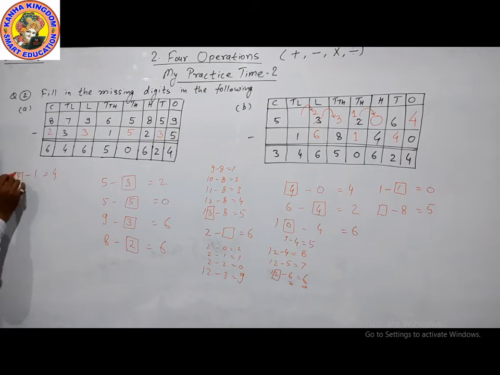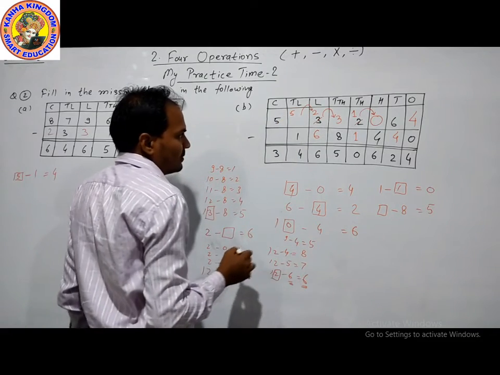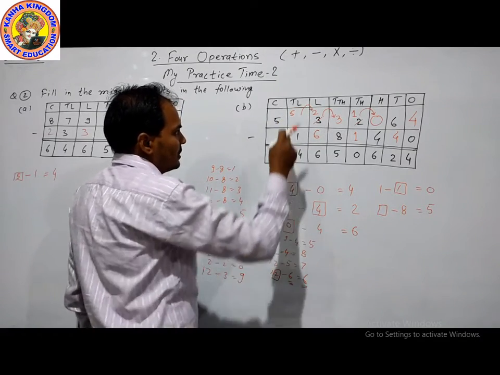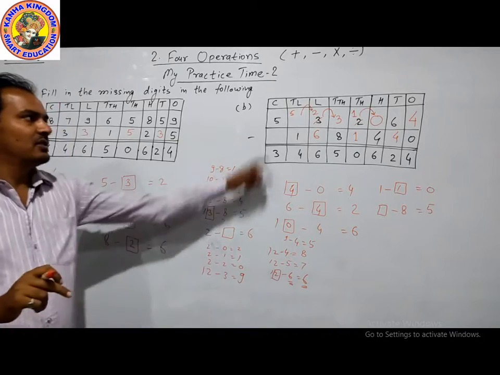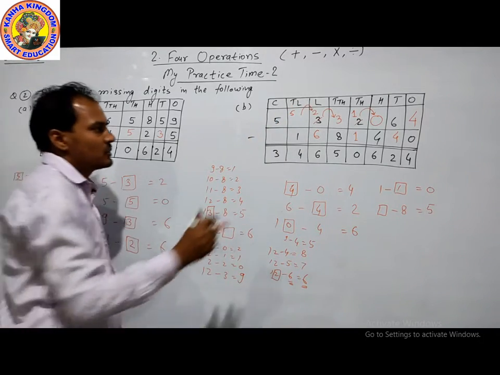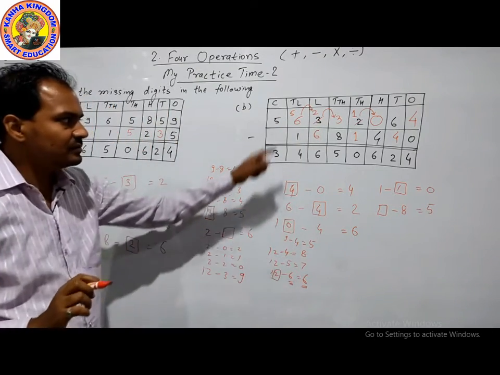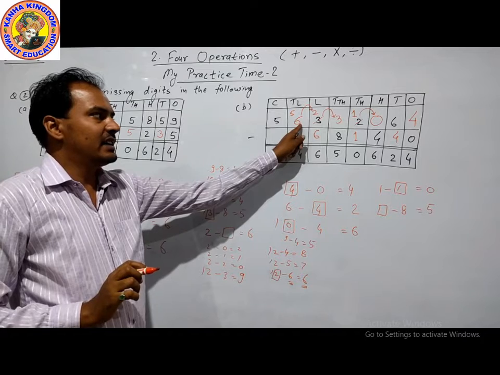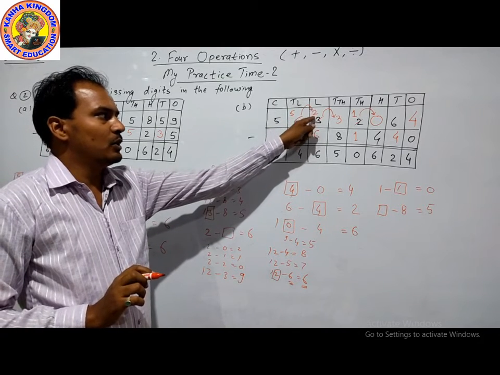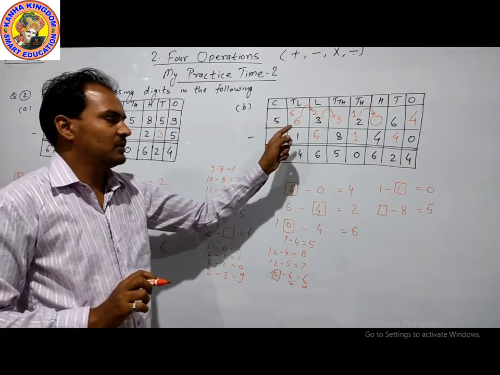When we place here 5, 5 minus 1 is equal to 4. But this is 5 after we take a borrow point. So here the answer is 6. We will take here 6, giving a borrow point. Here is 5. 5 minus 1 is equal to 4.